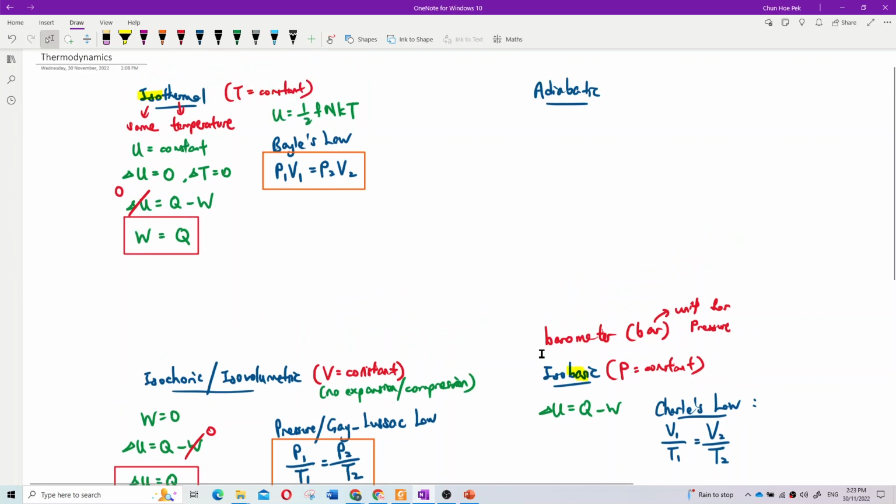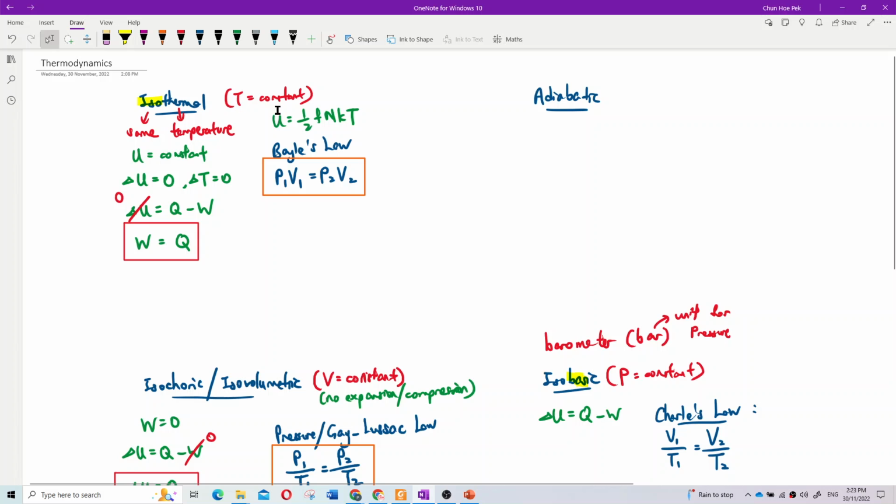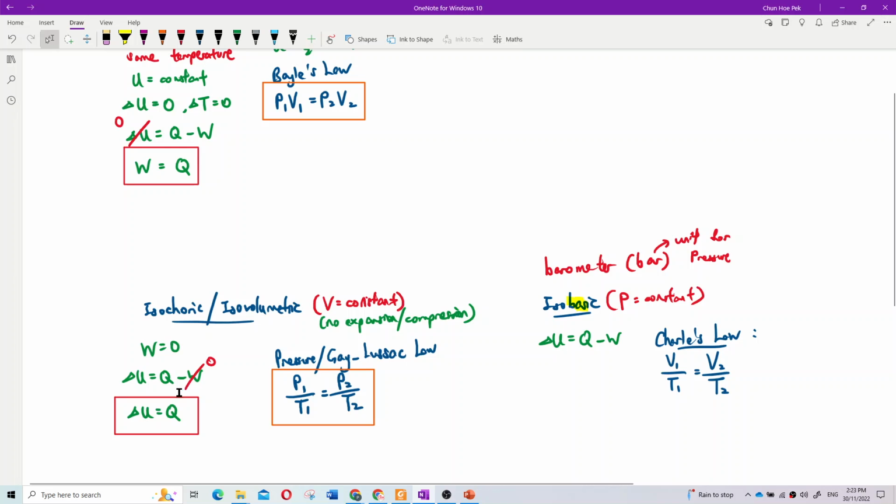Just now, temperature constant, so delta U is 0. And then volume constant, so work done is 0. And then how about this? Pressure constant, pressure has nothing to do with it. So delta U, Q, W all have a value. There's no 0 over here.